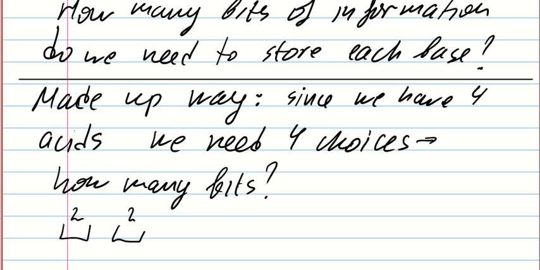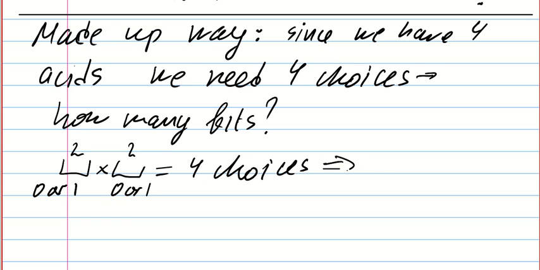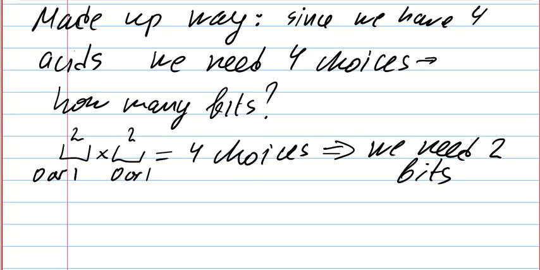Why 2 choices? Because it's either 0 or 1, right? If we multiply this, we're going to get 4 choices. So this means we need 2 bits for the made-up code that we create.